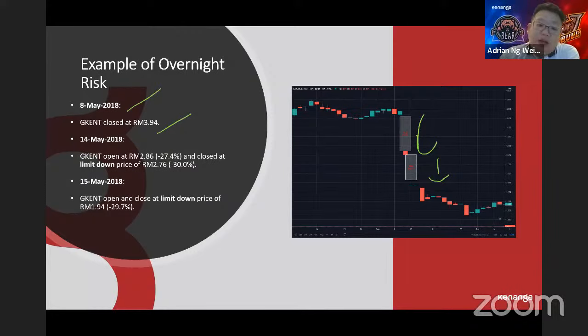Did investors and even retailers have the opportunity to run? No, not at all. It just went down. And on the 15th, almost half is gone. Literally half. If you had bought it at 3 something, you would have lost half of your fortune.